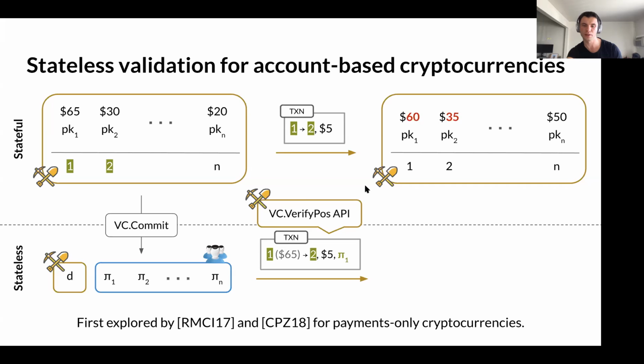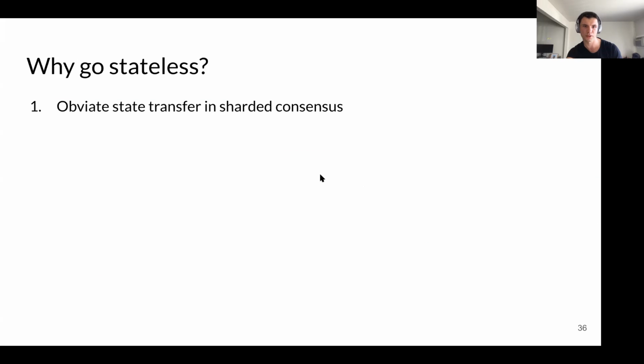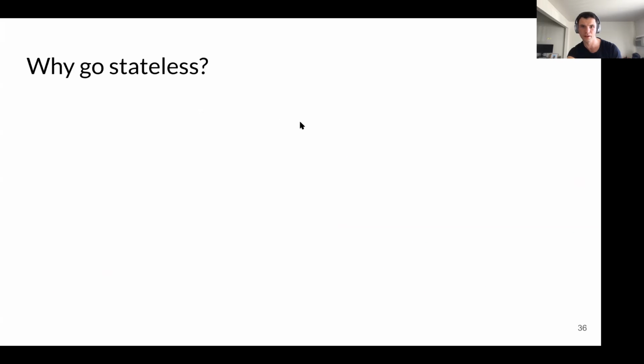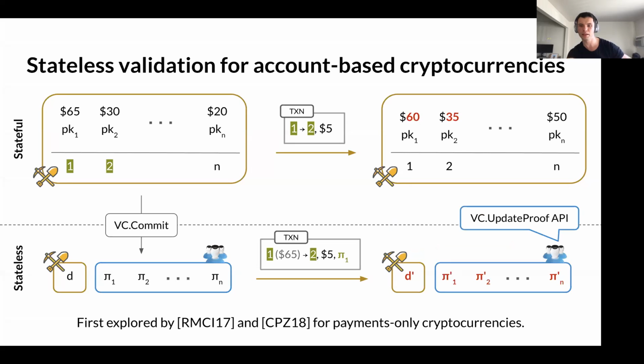So why is it worth doing this in practice? I think the Ethereum folks are very worried about state transfer and sharded consensus, which is why they want to eliminate the state to speed up the consensus itself. Also, there's reason to believe that when you run these consensus protocols, most of the time is spent in the execution rather than the consensus part. If you can speed up the execution using stateless validation by avoiding going to disk, then you might see a speedup too.